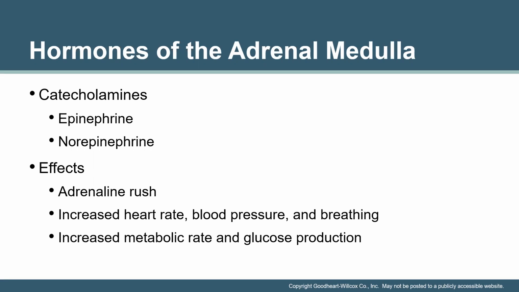These hormones get released when stress of any kind will stimulate the hypothalamus to release corticotropin releasing hormone, or CRH, which then will trigger the anterior pituitary gland to release adrenocorticotropin, which then will stimulate the adrenal medulla to release the epinephrine and norepinephrine.